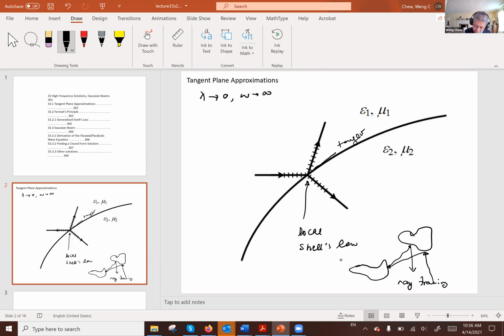In other words, you assume that the plane wave becomes a ray. As the plane wave bounces around in a very complicated environment, it behaves like a light ray. And you can trace the light ray and figure out how things should look in a room. This is done a lot in the movie industry to make things look realistic.